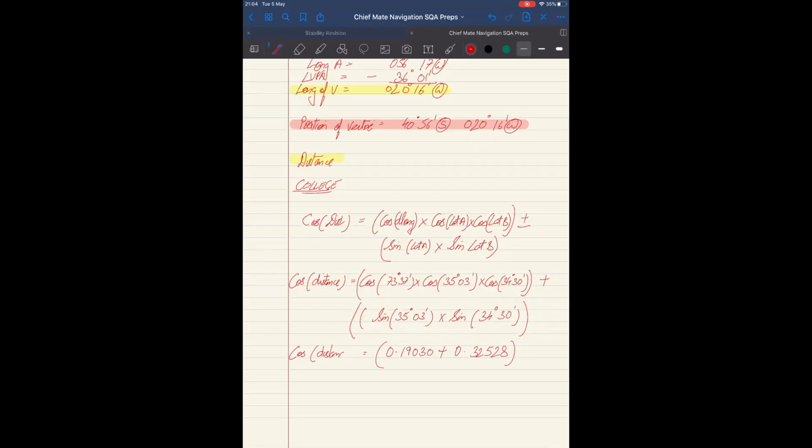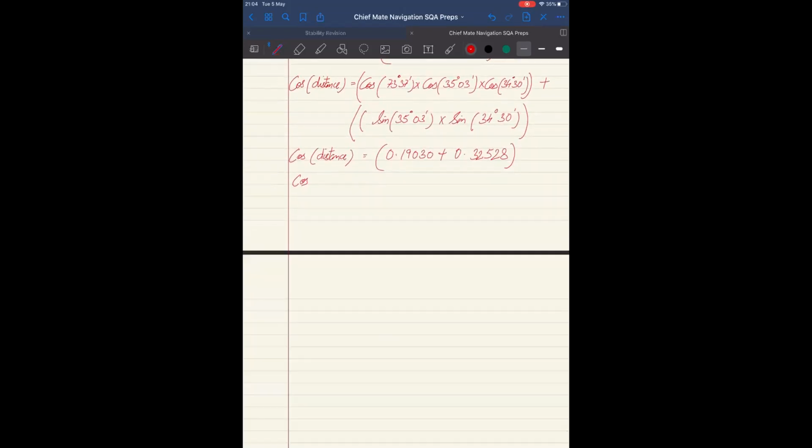So we had cos of distance here. Cos of distance is equal to 0.19030 plus 0.32528, which is 0.51558.